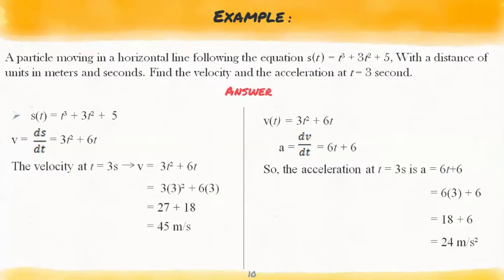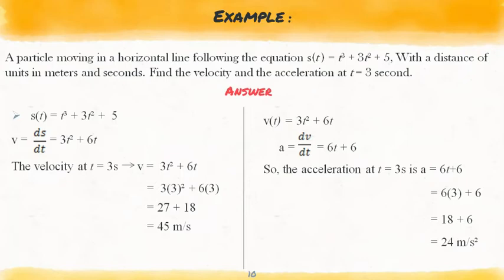And then find the acceleration. Well, we know our velocity: here our velocity at time t is 3t squared plus 6t, and the acceleration a is equal to dv divided by dt, equal to 6t plus 6.